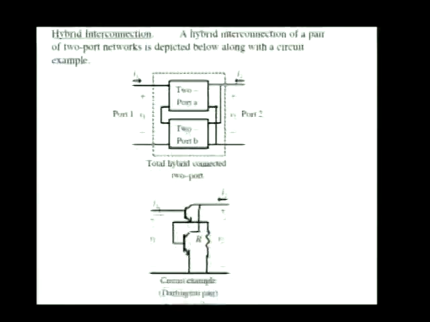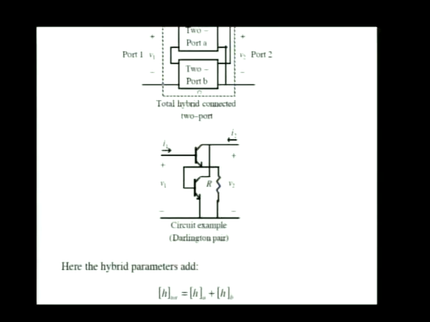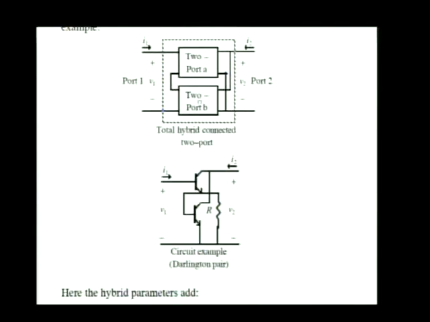And as I just mentioned, the overall hybrid parameters for the hybrid interconnected pair are found as the sum of the individual hybrid parameters of the individual two-port networks. And we do find circuit examples of hybrid interconnected two ports.